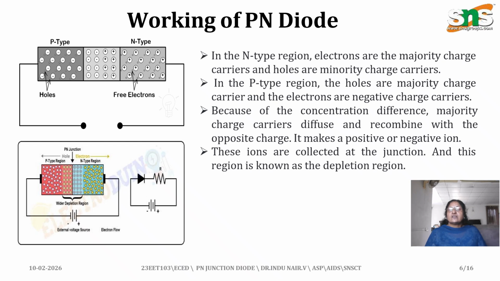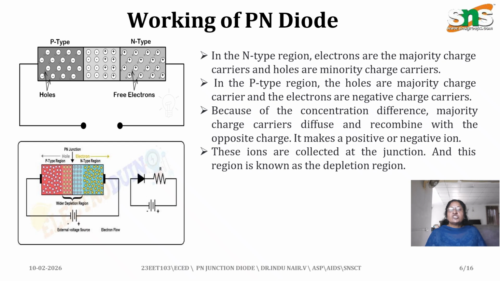Forward bias: the positive of the battery is connected to the P-type and the negative of the battery to the N-type. The external voltage opposes the potential barrier, narrowing the depletion layer. Electrons move from the N side and holes from the P side to the junction, allowing high current flow.